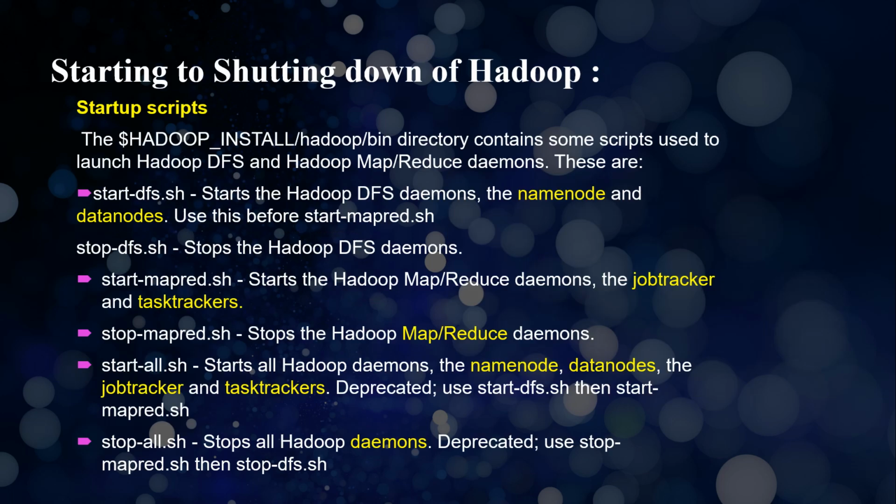Hadoop operation modes. Once you have downloaded Hadoop, you can operate your Hadoop cluster in one of three supported modes: local or standalone mode, pseudo-distributed mode, and fully distributed mode. Local or standalone mode: after downloading Hadoop on your system, by default it is configured in standalone mode and can be run as a single Java process. Pseudo-distributed mode is a distributed simulation on a single machine.